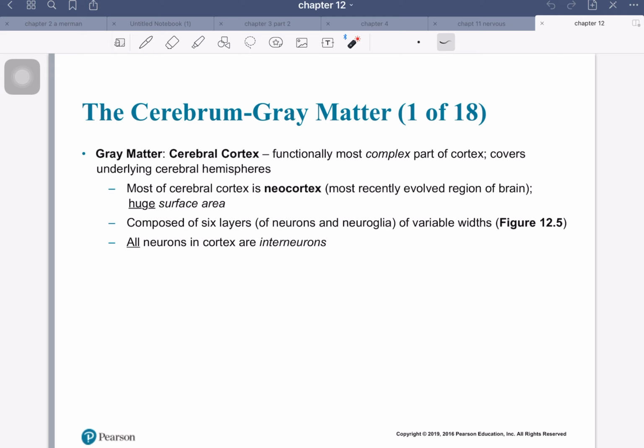Certainly have a look at that in your diagram in the book, like figure 12.5, to get a visual representation of that. Now, all the neurons in the cortex fall into the group of the interneurons. Remember, interneurons do integration, they do planning, etc.